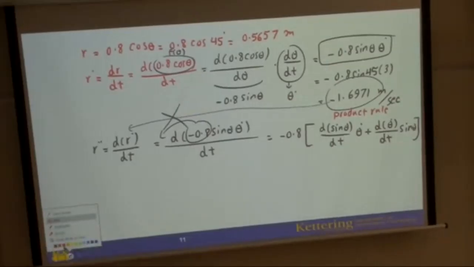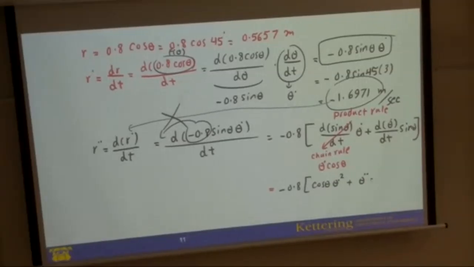Then, if you use the chain rule, this will be theta dot cosine theta. So this is equal to minus 0.8 times cosine theta, theta dot square, plus theta double dot sine theta.